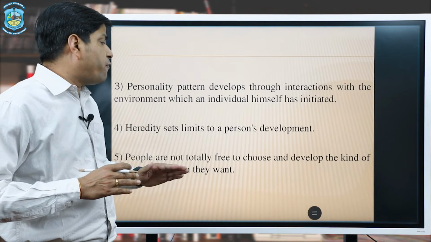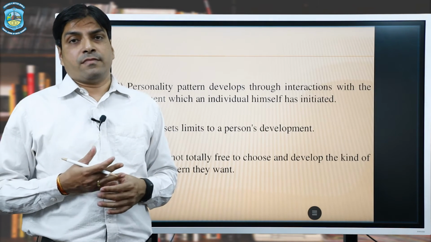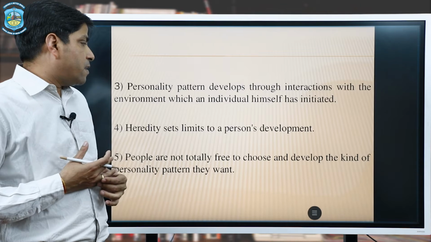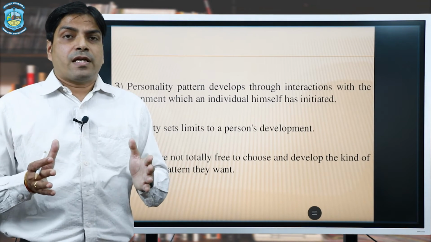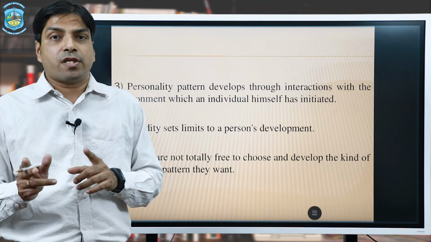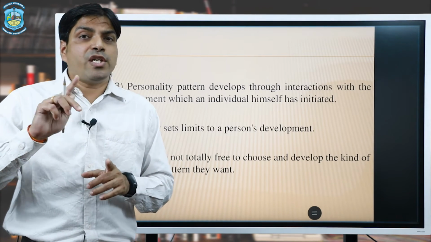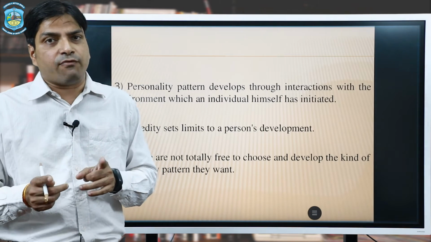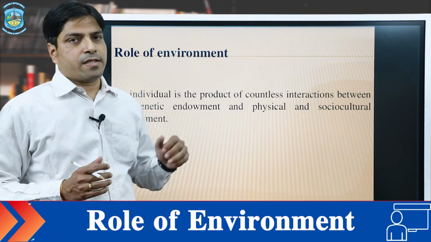People are not totally free to choose and develop the kind of personality pattern they want. They are not at all free. Rather, they are shaped by both heredity as well as environment. That's why I said in the beginning that the personality of an individual is a combination of both heredity as well as environment. Now comes the role of environment.